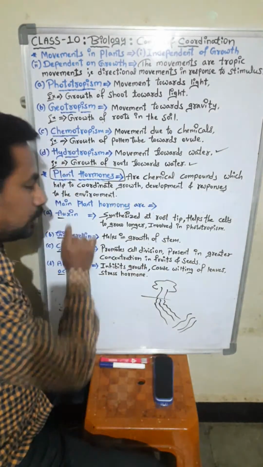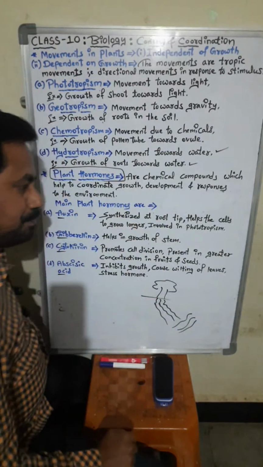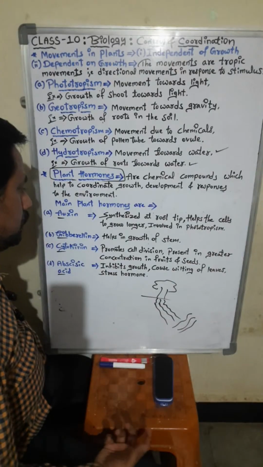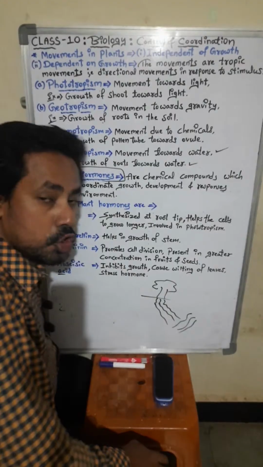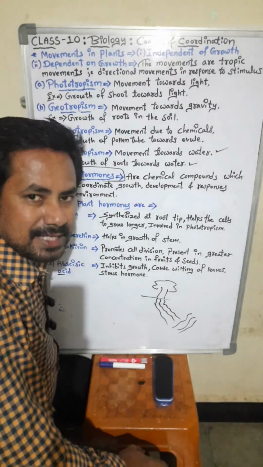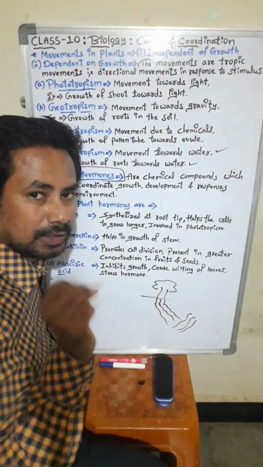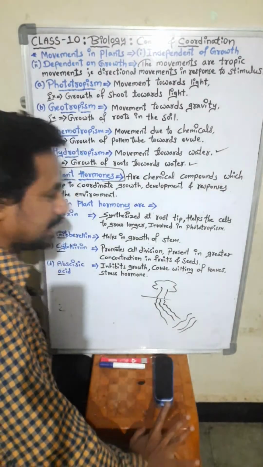Where is it produced? Root tip. And also shoot tip. Okay, shoot tip as well as root tip. Wherever growth happens, which hormone works there? Auxin.